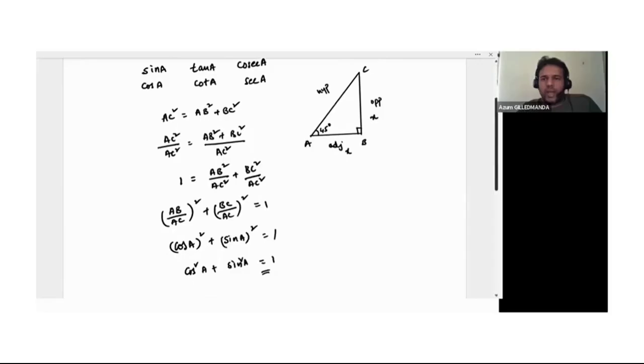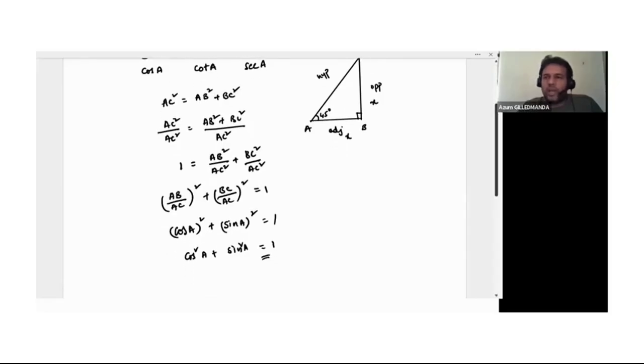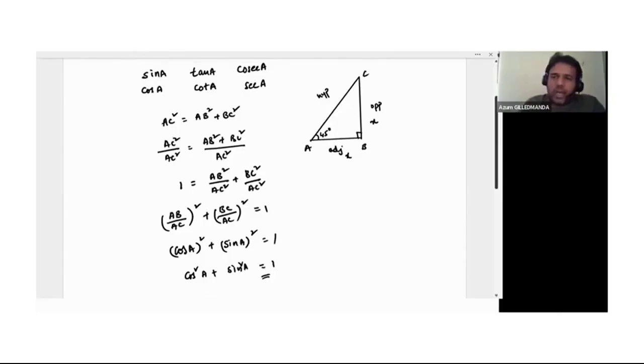So let's focus on the angles, right? So 45 degrees. If it is 45 degrees, what will happen? The adjacent side, which is AB equal to BC, that equal to X, right? If it is sine 45 degree, this is X and this is X. According to Pythagoras theorem, what happens? AC square equal to AB square plus BC square. Can we find what is AC here?